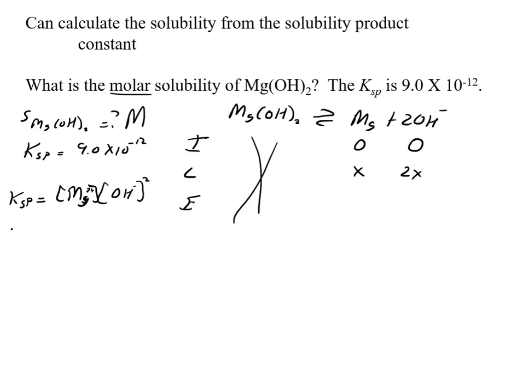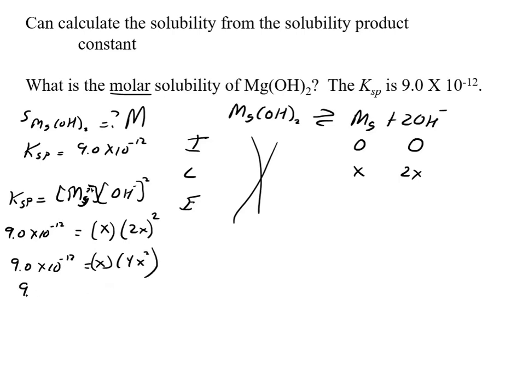So I have 9.0 times 10 to the minus 12 is equal to x times 2x squared. So 9.0 times 10 to the minus 12 is still going to be x. When I square 2, I get 4. When I square x, I get x squared.